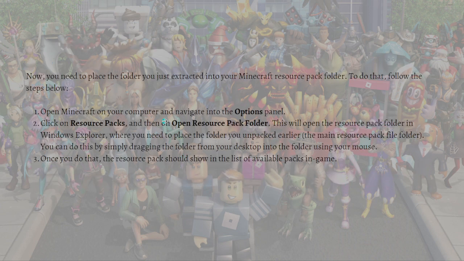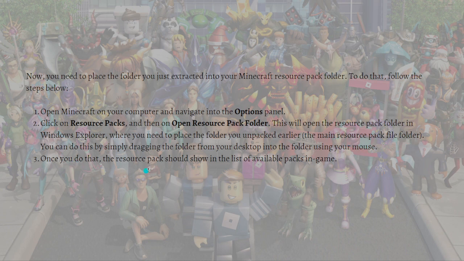And now you need to place that folder you just extracted into the Minecraft resource pack folder. To do that, follow the steps below. Open Minecraft on your computer and navigate into the options panel. Click on resource packs and then on open resource pack folder. This will open the resource pack folder in Windows Explorer, where you need to place the folder you unpacked earlier, which is the main resource pack folder.